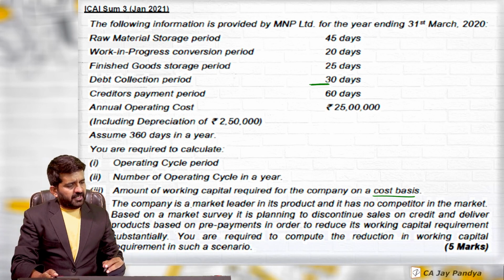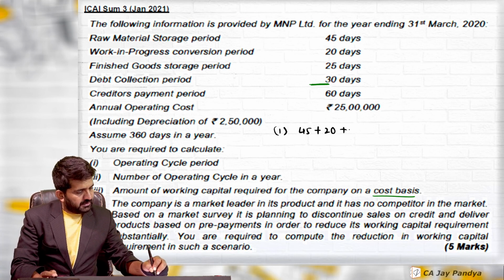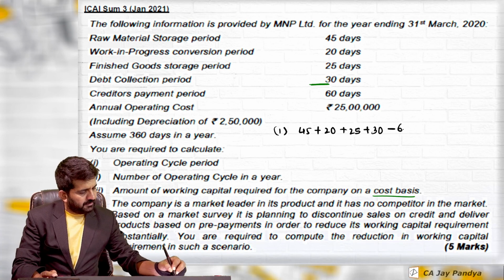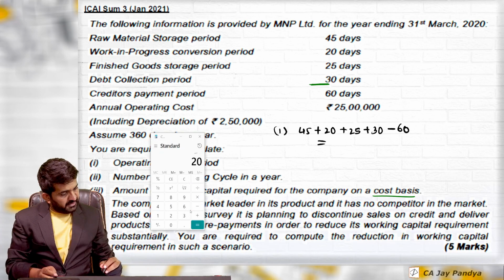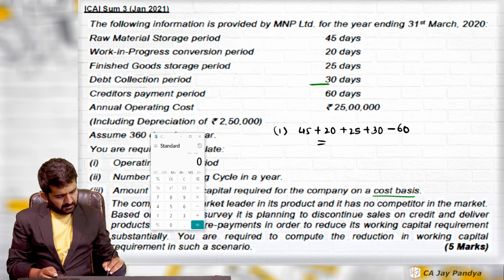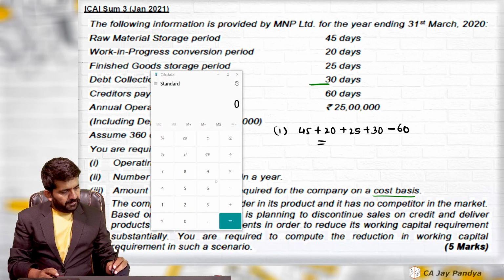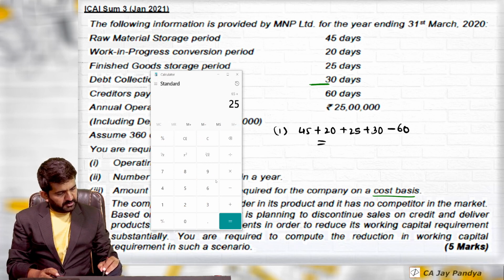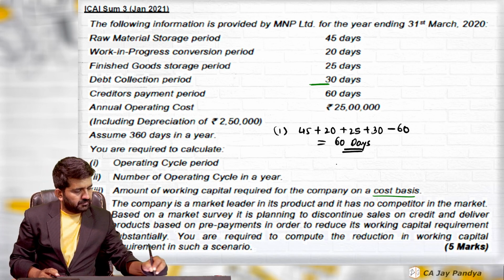Let us first find out operating period cycle. Operating period cycle will be 45 days plus 20 days plus 25 days plus 30 days minus 60 days, which is 45 plus 20 plus 25 plus 30 minus 60, which is 60 days.